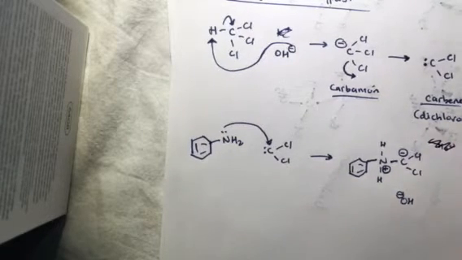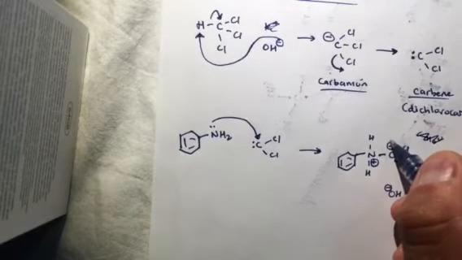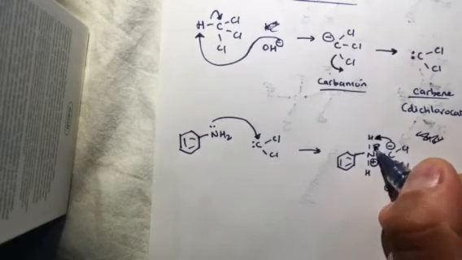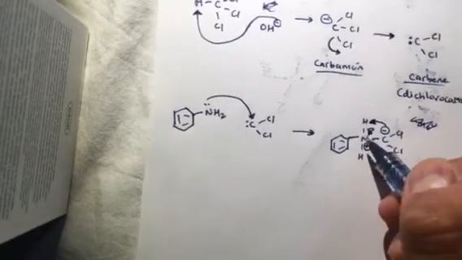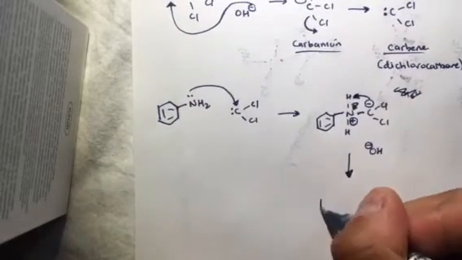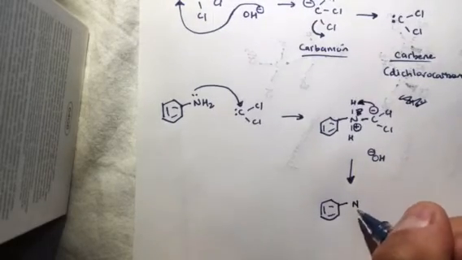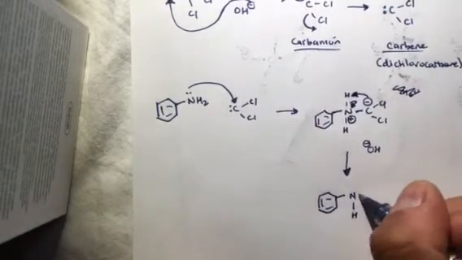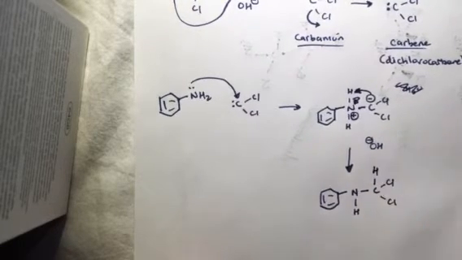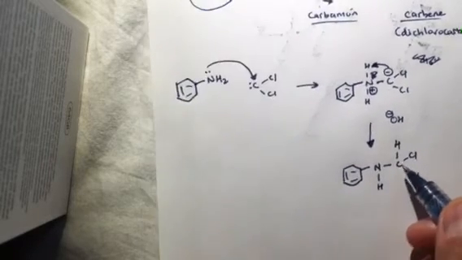But just to make it easier to understand, this negative charge will take the hydrogen, which will alleviate the positive charge on the nitrogen, correct? So then nitrogen will be stable now. It won't have a positive charge. Cl, Cl, and we have now our H here. So now carbon has 4 bonds, so there's no need to put a negative charge on carbon.